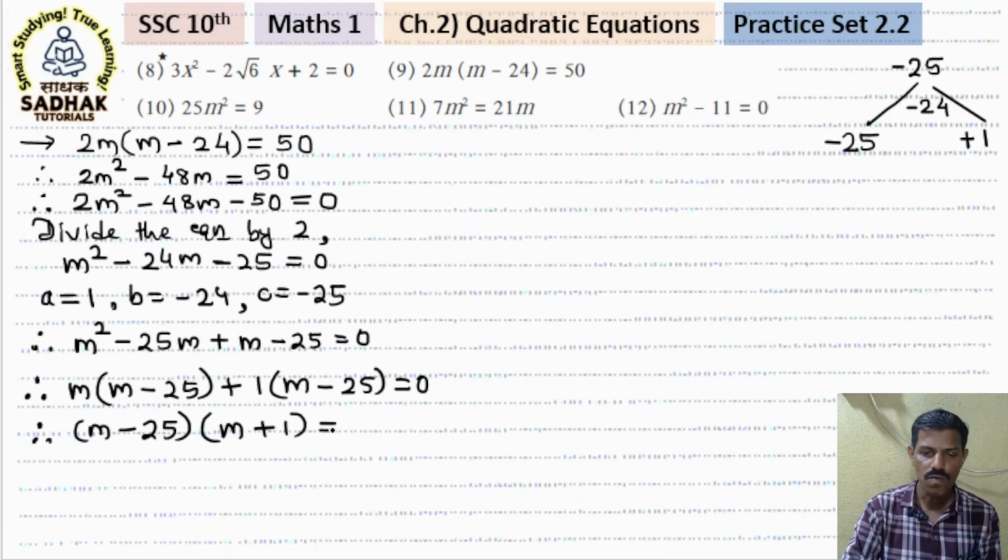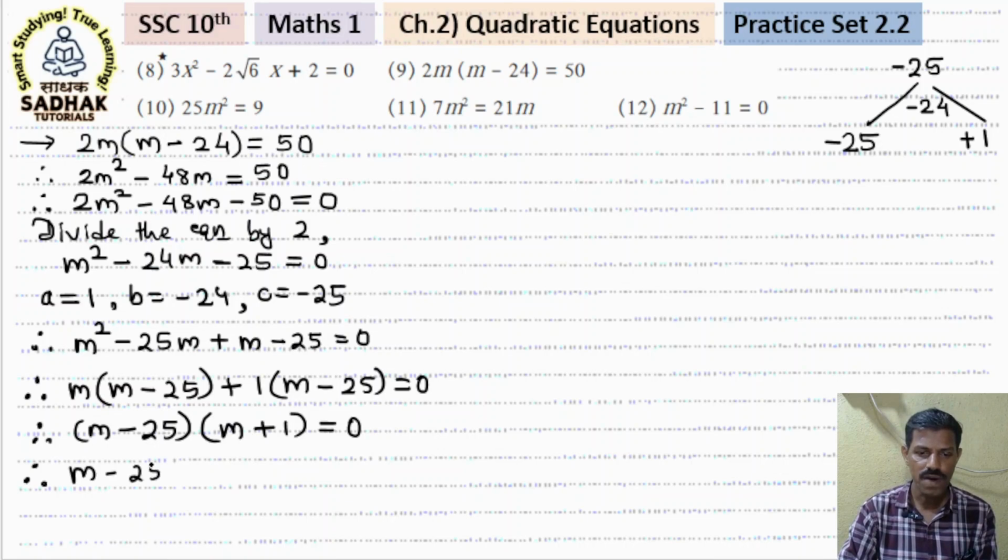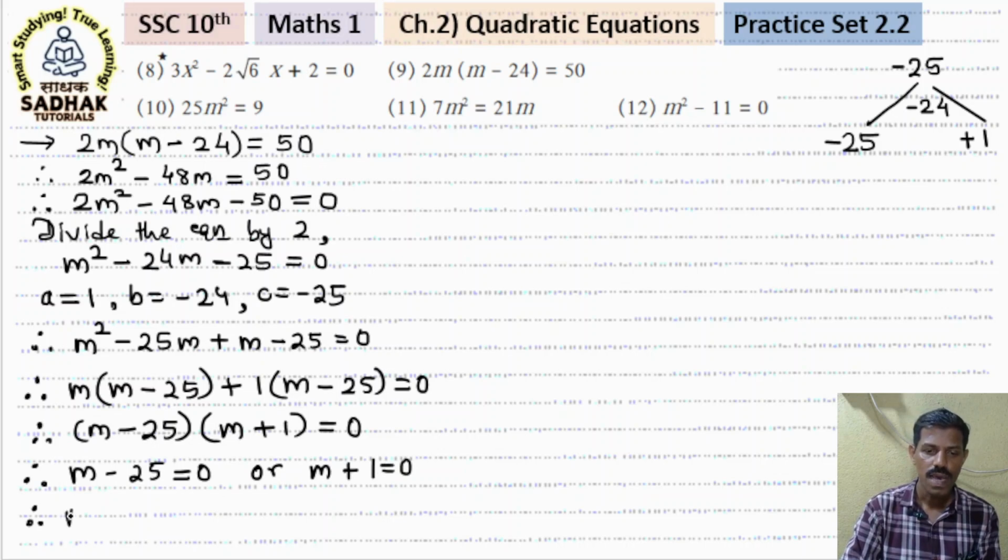Okay, so now we have got a product of two binomials, which is 0. So that means either m minus 25 is equal to 0 or m plus 1 is equal to 0. So therefore m will be, now this minus 25, when it comes on the right hand side it will become plus.